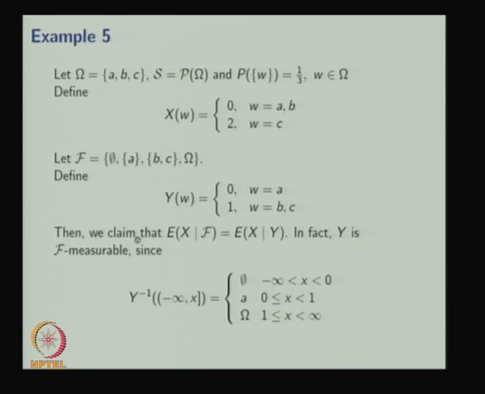Here I am claiming that the expectation of X given F is the same as the expectation of X given Y, because F is the sigma field generated by the random variable Y. If you create the sigma field generated by Y, you land up with the empty set, elements A, B and C, and the whole set, and that is the same as F. Therefore, you can replace the expectation of X given F by the expectation of X given Y. Here Y is F measurable.